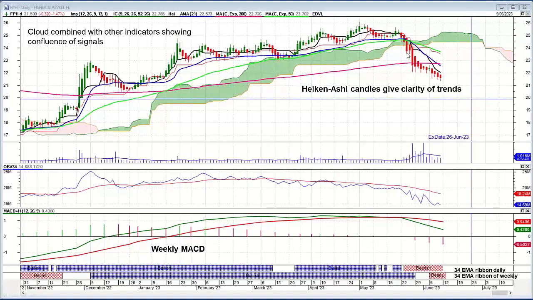So all of these things happen saying get out, get out, get out. 1, 2, 3, 4, 5 indicators. It's a pretty good sign that it's time to get out. So what I'm trying to reiterate is, do you need all these signals, or can you just trade it from the cloud?